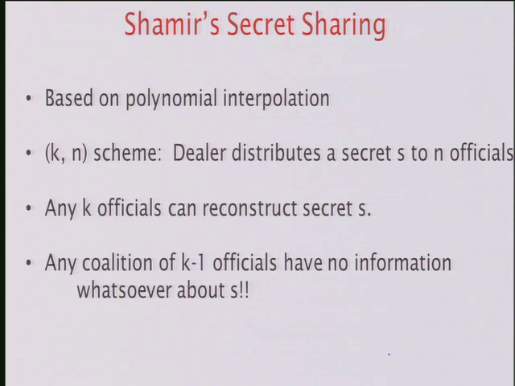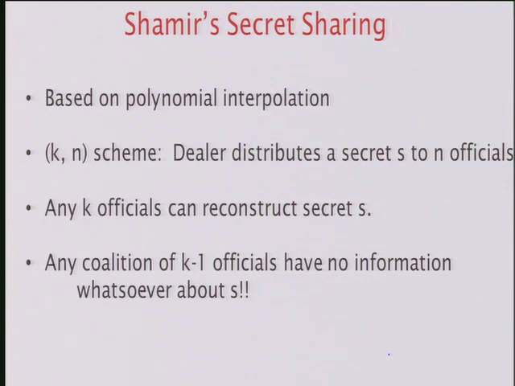Well, the people who are trying to reconstruct the secret, you have k-1 officials, each of them knows what P is, right? They know the prime. Each of them has a share of the secret. So maybe the first official knows exactly what A of 1 is. So you have k-1 such officials, and each of them knows what the value of the polynomial is at one point.